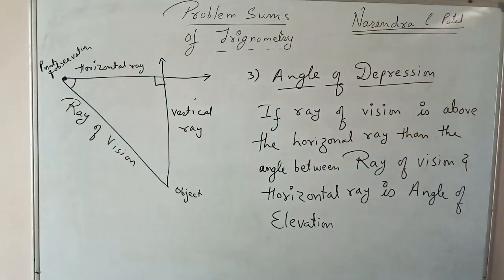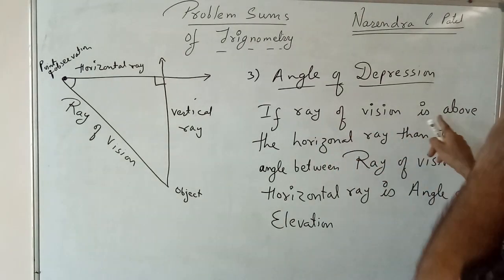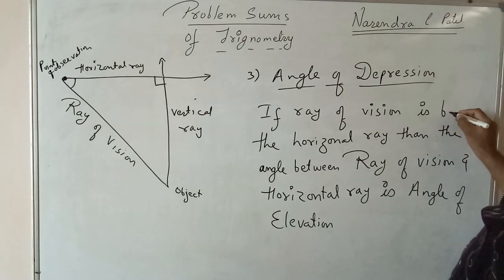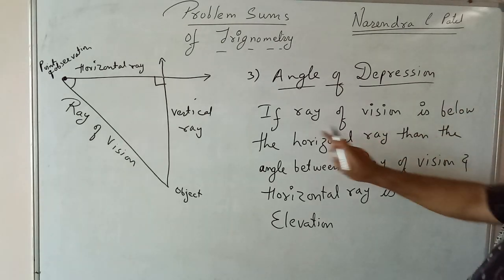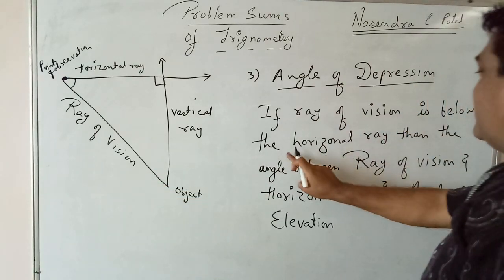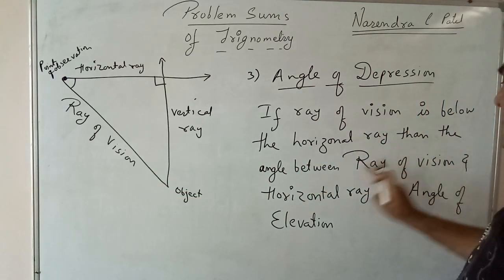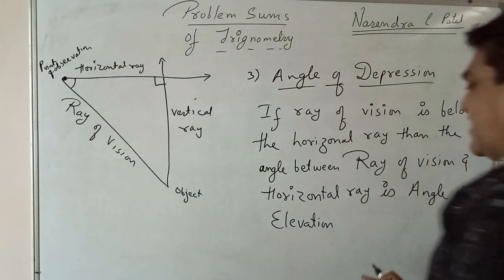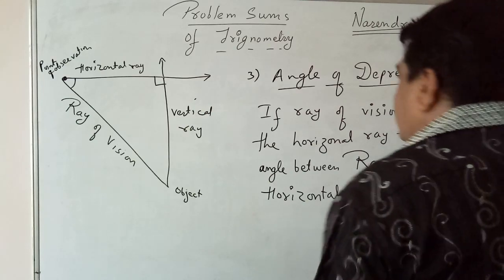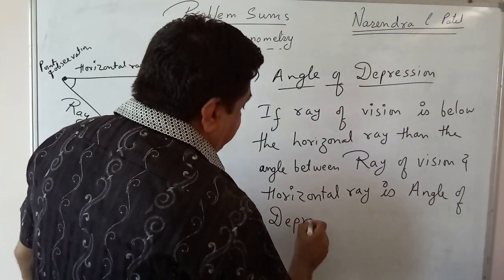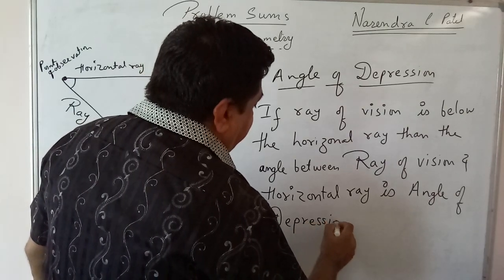If the ray of vision is below the horizontal ray, then the angle between the ray of vision and the horizontal ray is called the angle of depression.